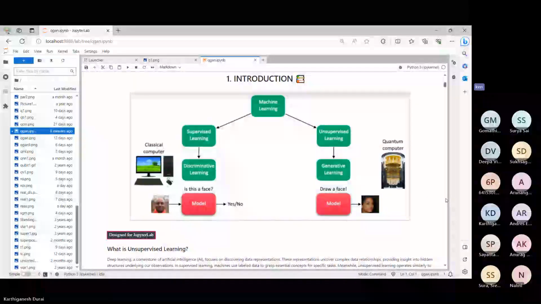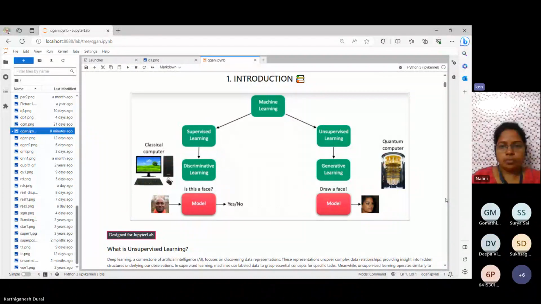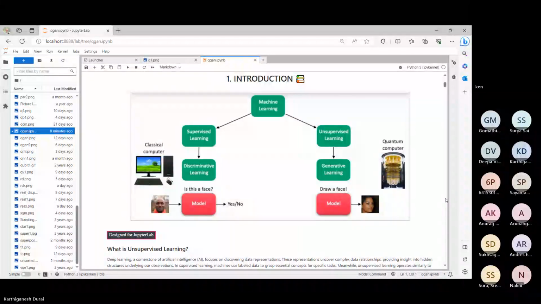Now, one thing to note: some machine learning algorithms are better on a classical computer, and some are better on a quantum computer.